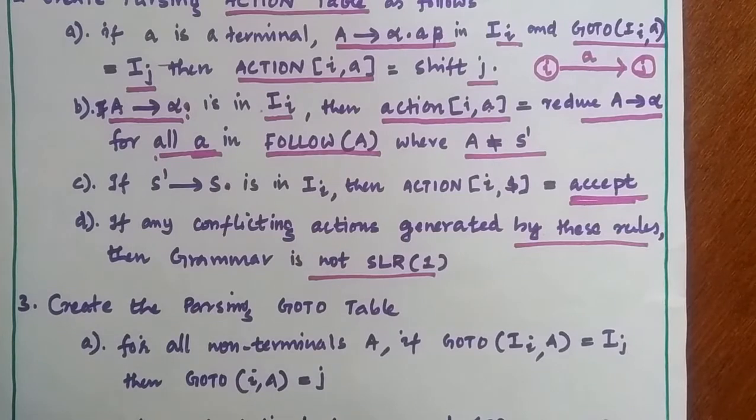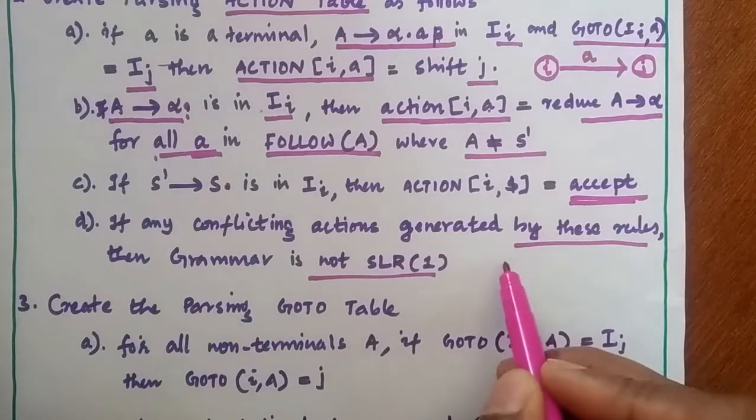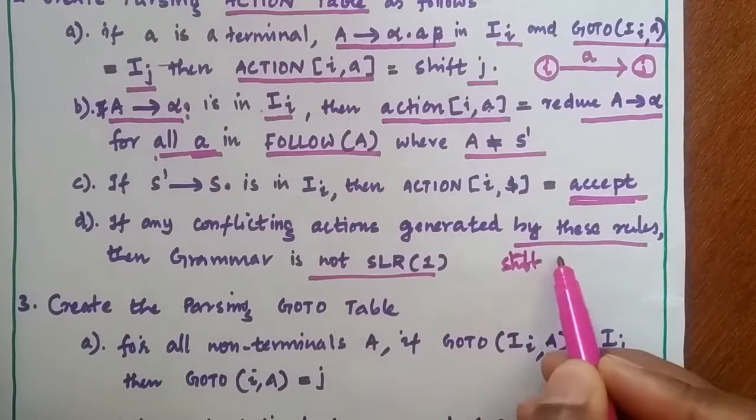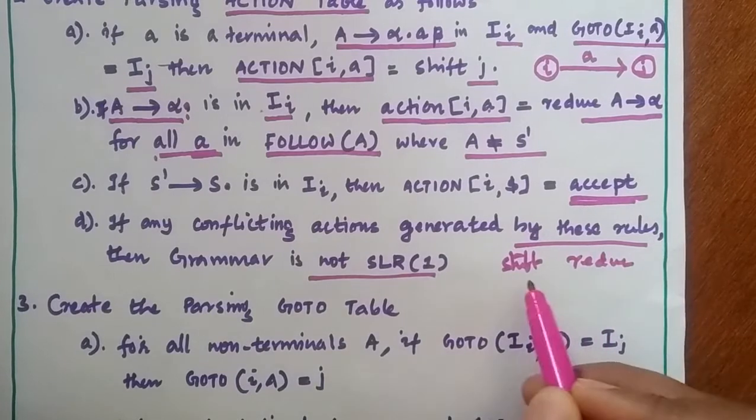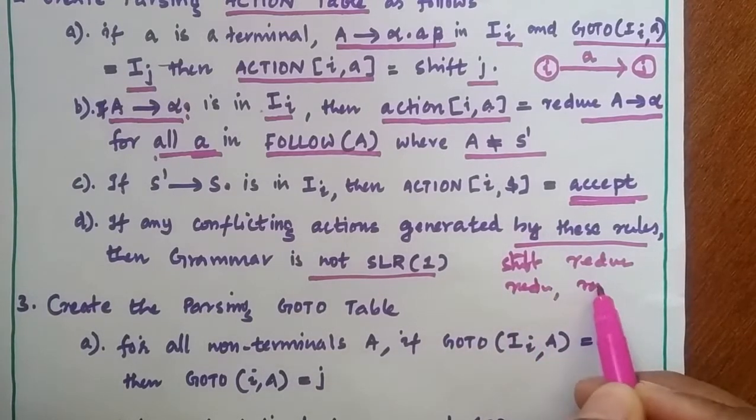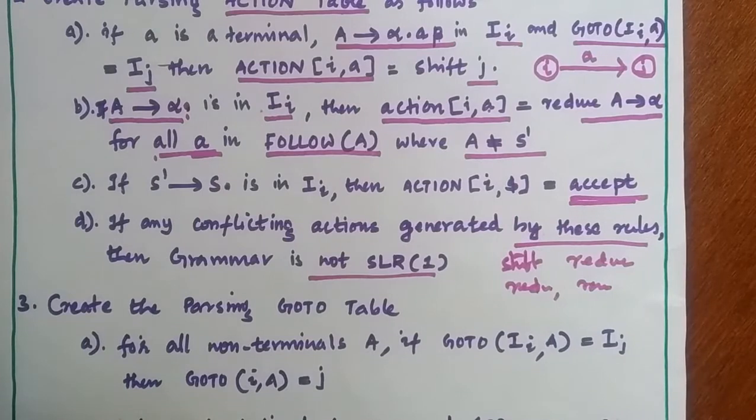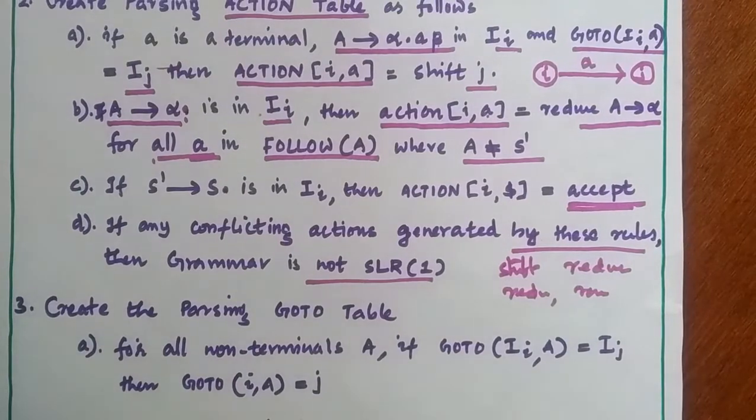Conflicting action means that if any entry contains more than one rule, whether a shift rule and a reduce rule or two reduce rules, any field in the table containing multiple defined entries is an indication that the grammar is not SLR1. And if you are constructing an SLR1 parser, it will give a conflict.